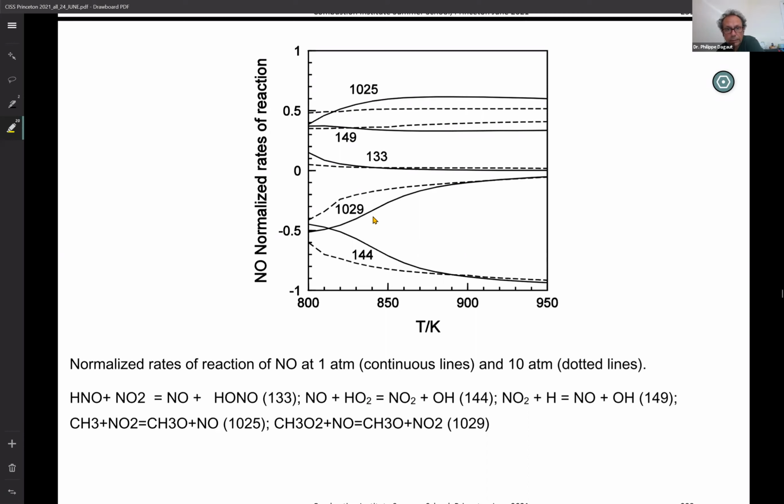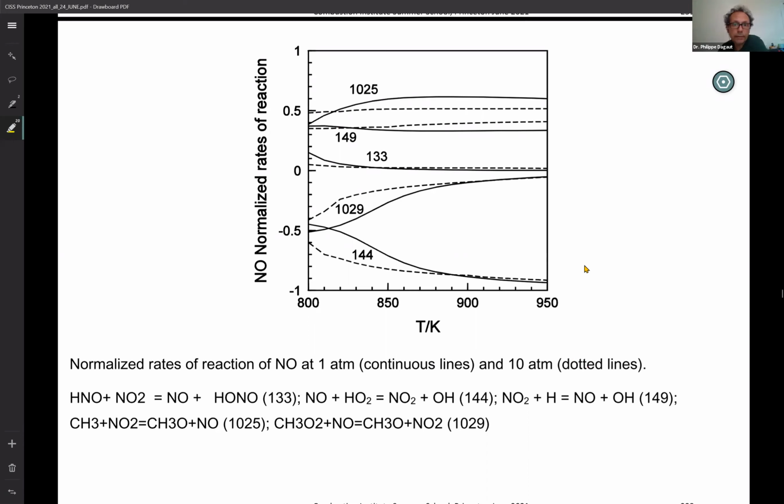It's followed by that of CH3O2 with NO. So we have here the pathways both at 1 atmosphere, which are the continuous lines, and dotted lines are for the 10 atmosphere conditions.